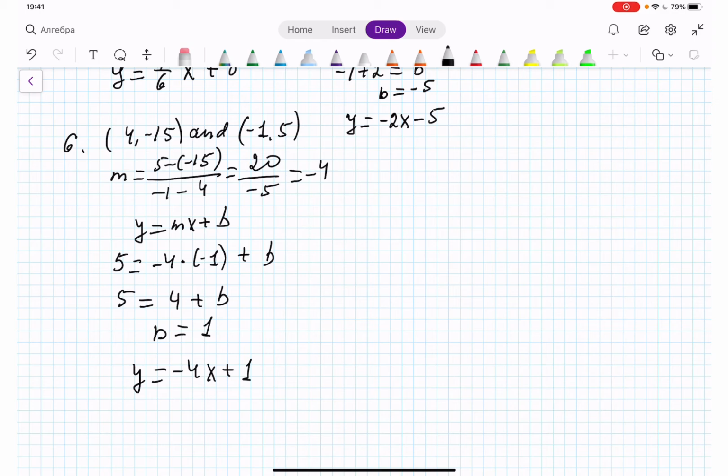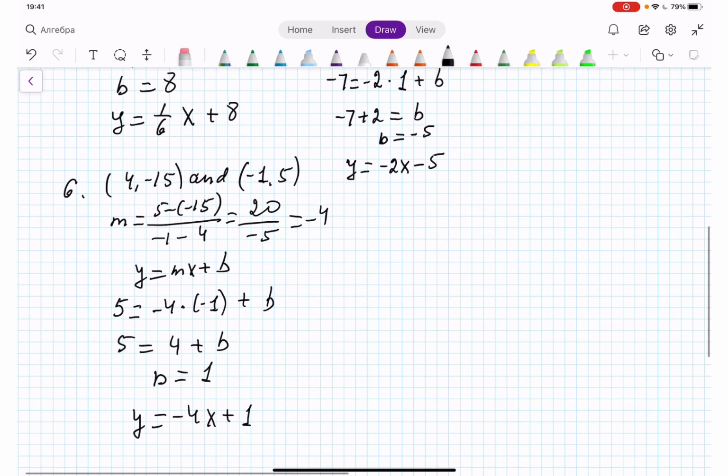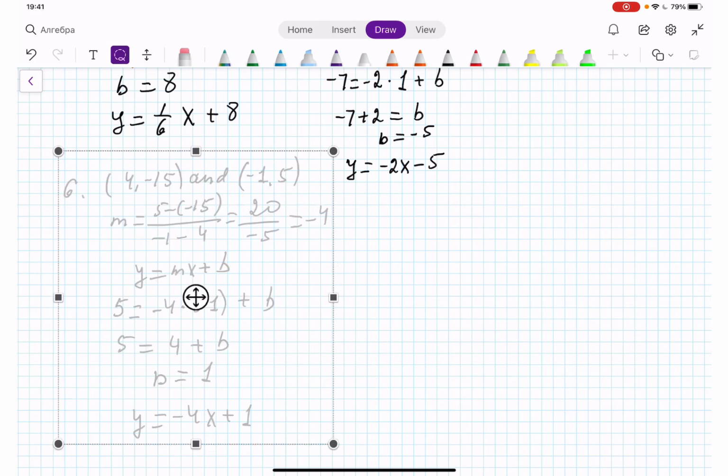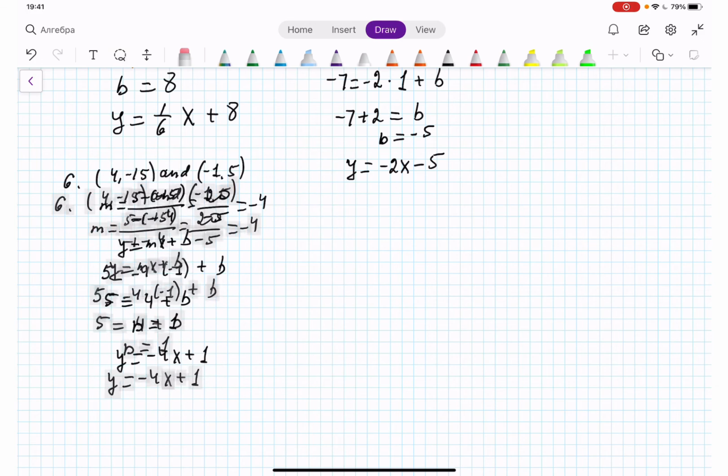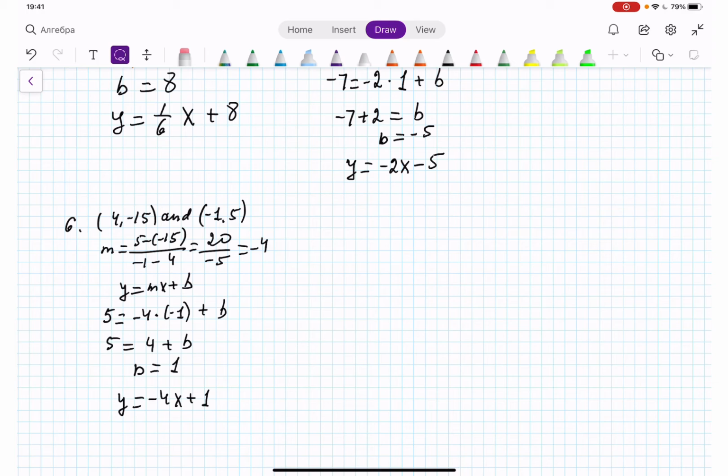Okay, number 7. Number 7, we have here fractional coordinates. Okay, number 7. (1, 7 over 10) and (5, 3 over 2).